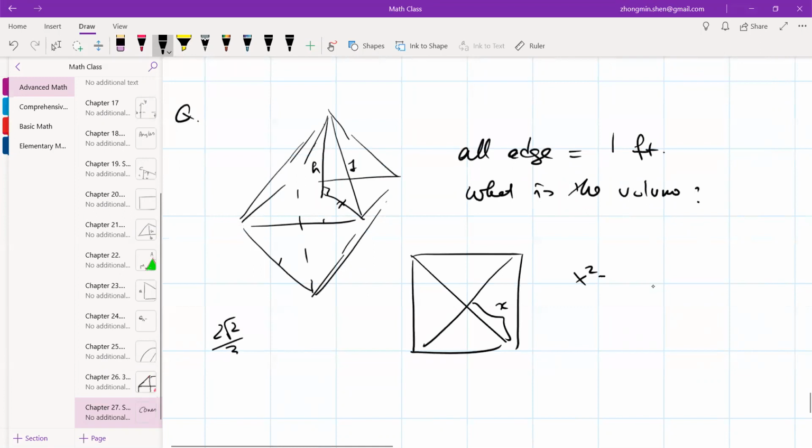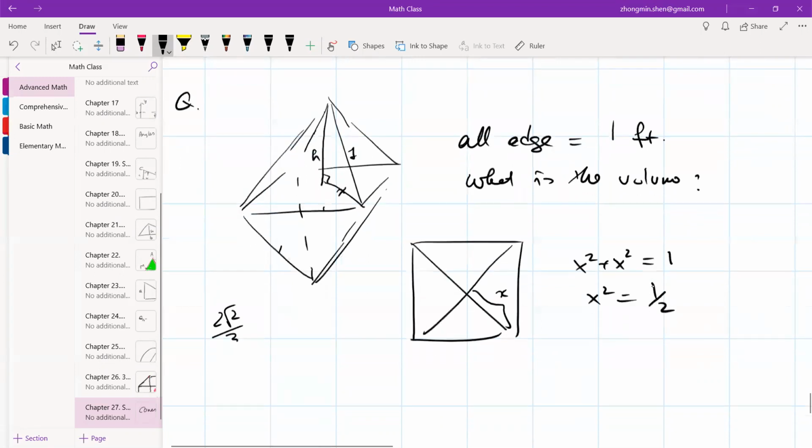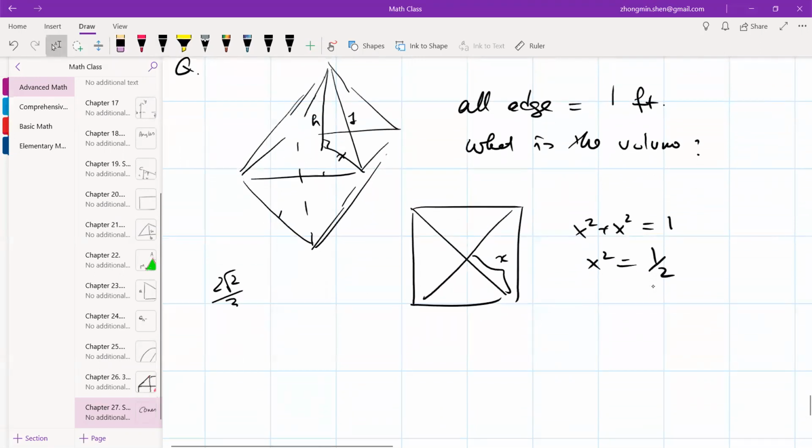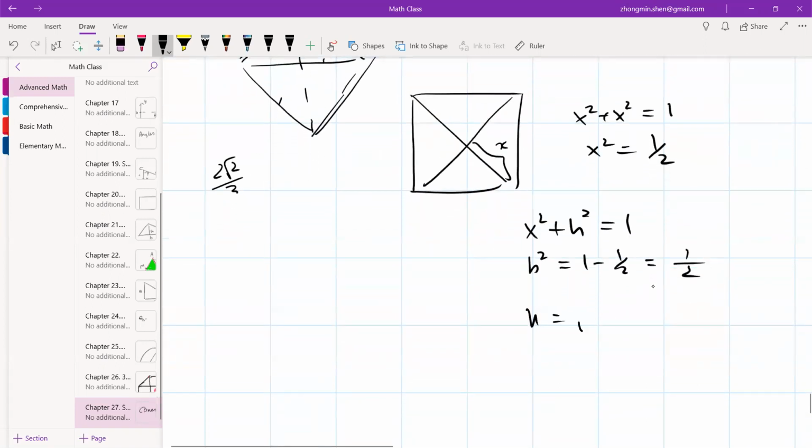You know that x squared plus x squared equals 1, so x squared equals 1/2. We did it before. Then apply the Pythagorean theorem: H squared equals 1 minus 1/2, which is 1/2. So H is going to be square root of 1/2.